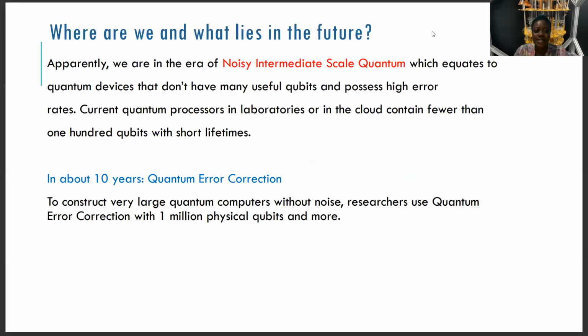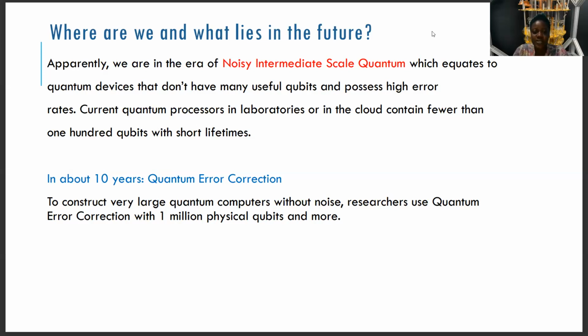So my question is, where are we and what lies in the future for quantum computing? Apparently we are in the era of noisy intermediate scale quantum, which equates to quantum devices that don't have many useful qubits and possess high error rates. Current quantum processors in laboratories or in the cloud contain fewer than 100 qubits with short lifetimes.